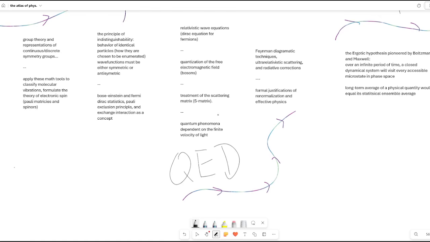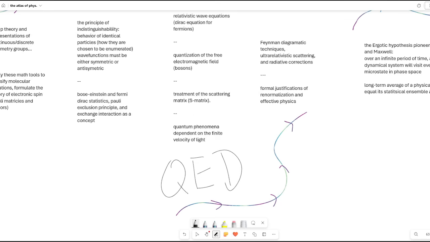And then the treatment of the scattering matrix, so from some initial state to some final state, assuming some really basic things like unitarity, etc. And then the perturbative diagrammatic techniques called Feynman diagrams to treat the S matrix with. There's also quantum phenomena that are dependent on the finite velocity of light.